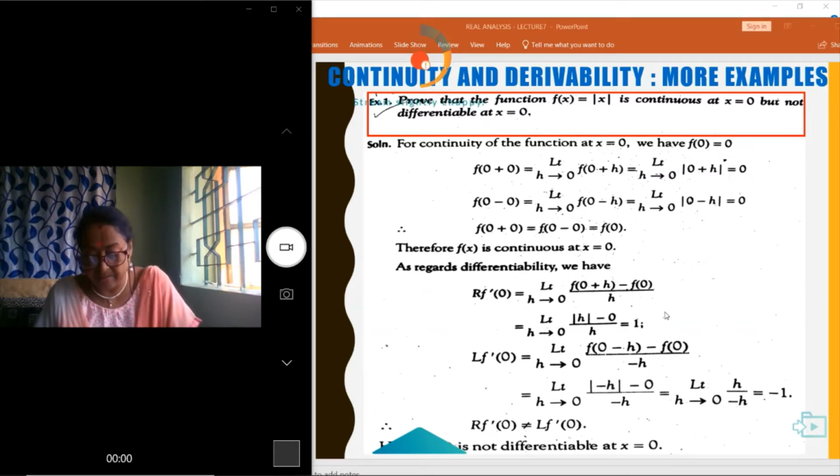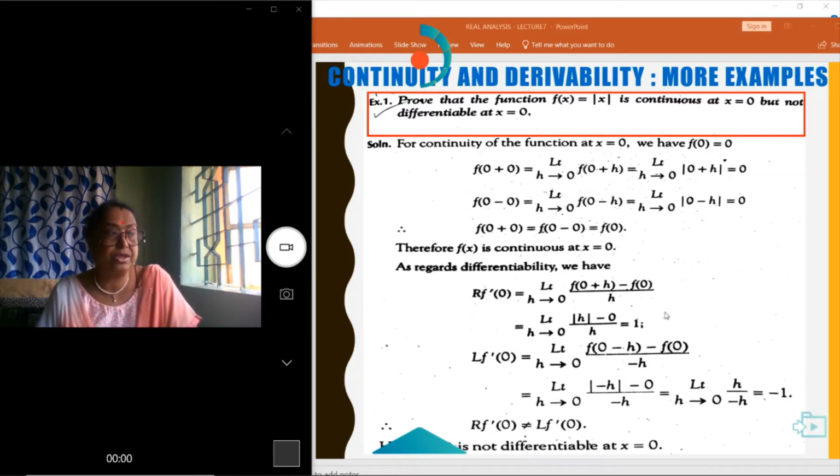When the function is f(x) = |x|, we get the left hand limit, right hand limit and the central limit all equal to 0. Hence the function f(x) is continuous at x = 0.